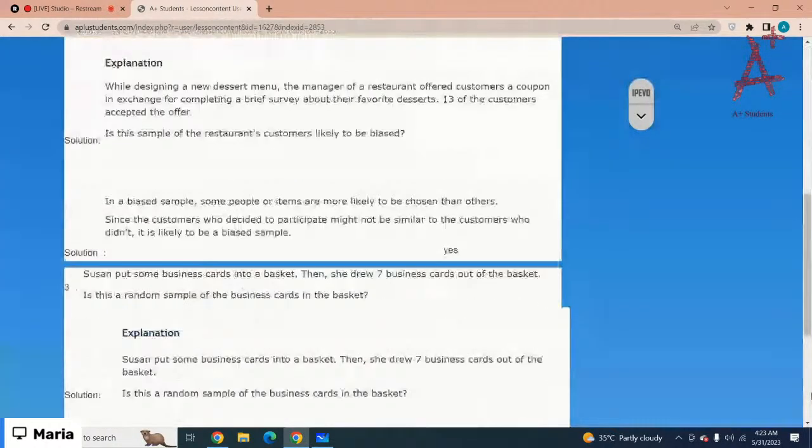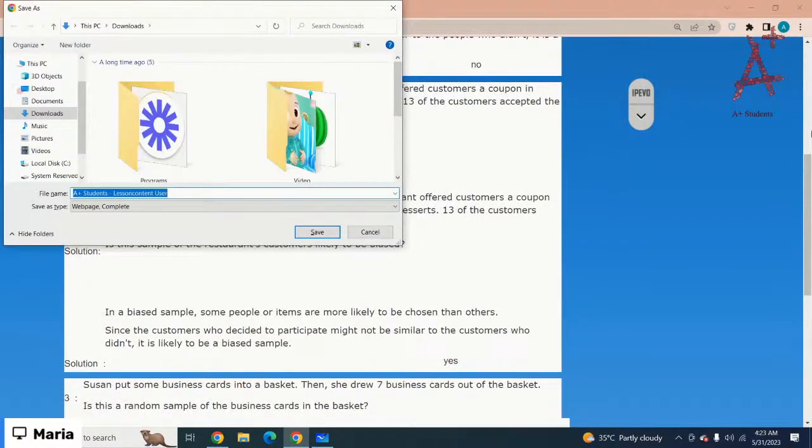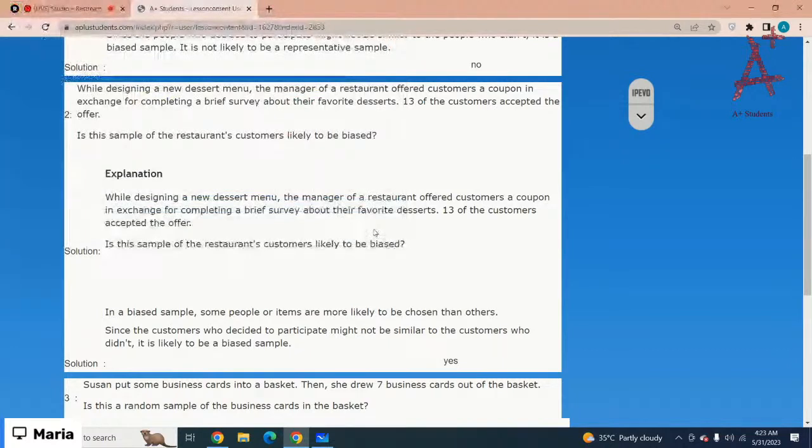Just look at the other example. While designing a new dessert menu, the manager of a restaurant offered customers a coupon in exchange for completing a brief survey about their favorite dessert. 13 of the customers accepted the offer. Is the sample biased?